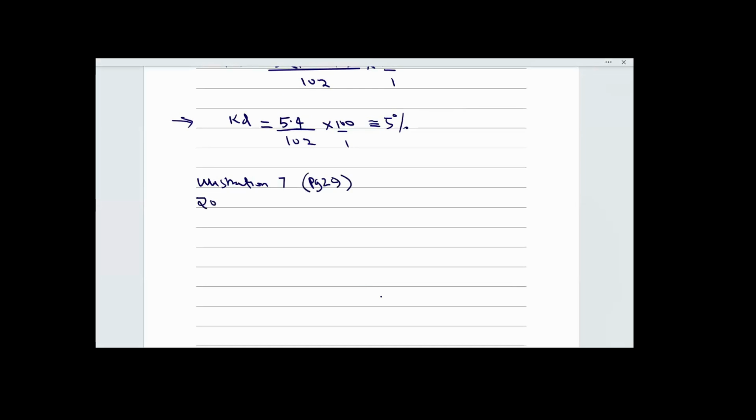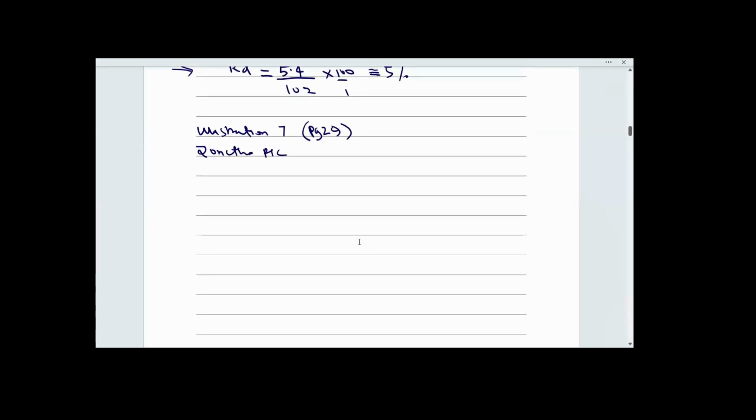Jonato PLC. So the examiner is asking us to calculate the unit value of the debenture. So I would say calculating the unit value of debenture.